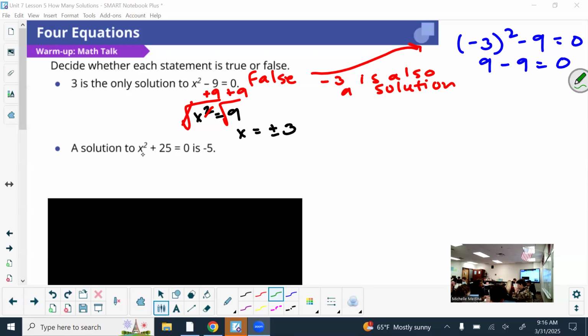Okay, Chris, what do you think? All right, so solutions are values for the variable that make it true. So if I were to plug in -5, and I do think you could do it in your head, but let's see. Class, what's -5 squared?